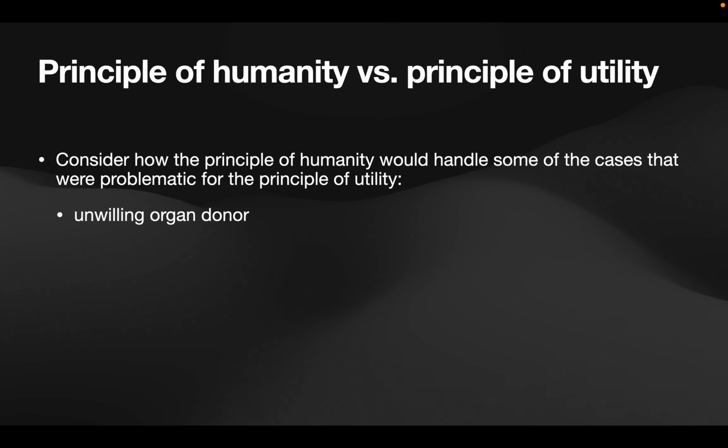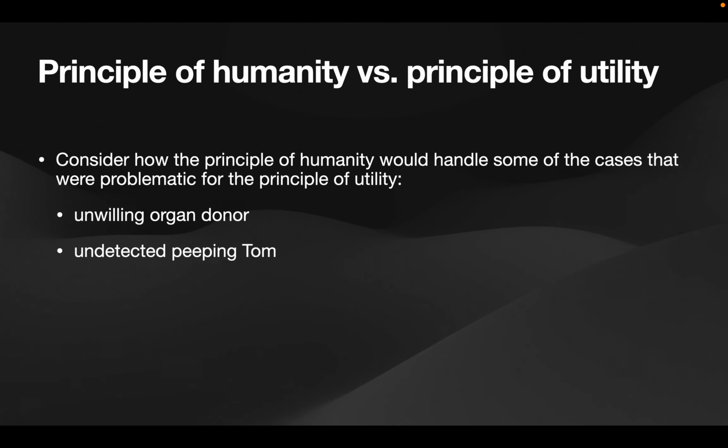Because what matters morally is not that we increase net well-being, but that we respect individuals' rights. We treat them as an end in themselves. We don't use them as a means to achieving something else. Even if that something else is a greater good, to use a person as a mere means to accomplish a greater good is morally wrong, according to the Kantian, according to the principle of humanity.